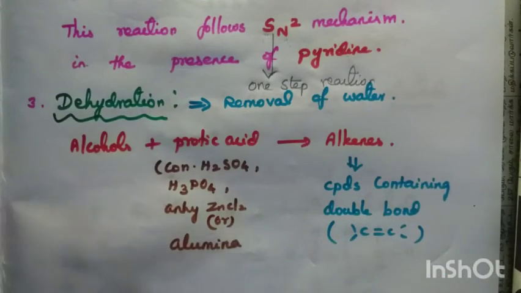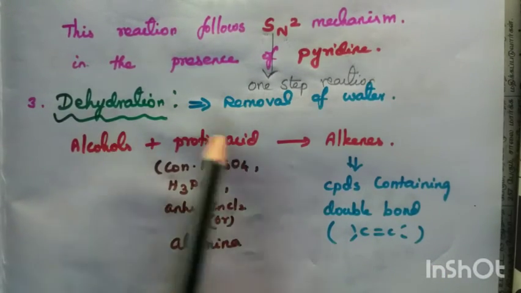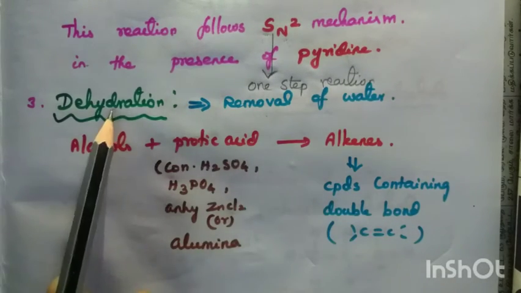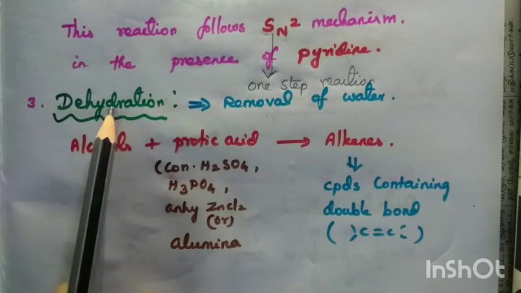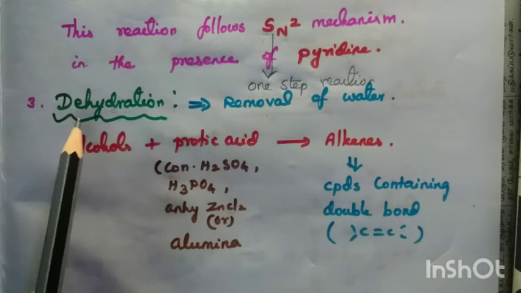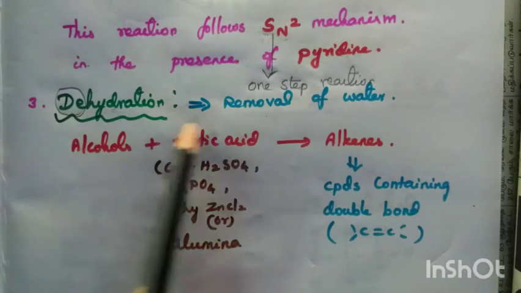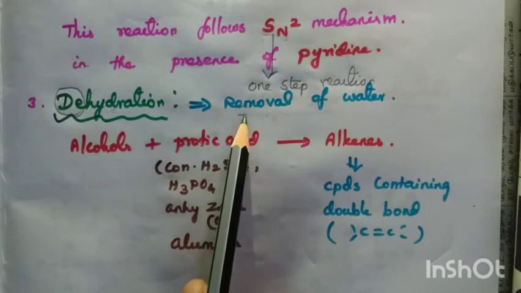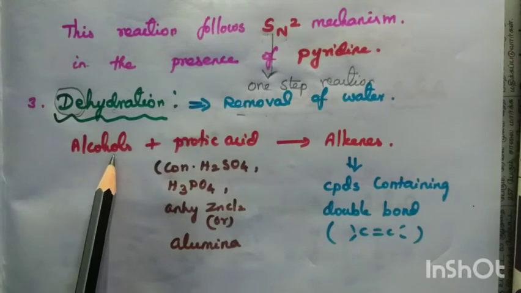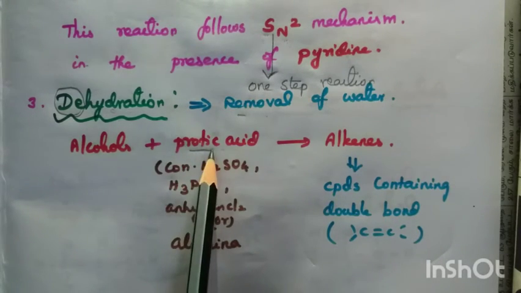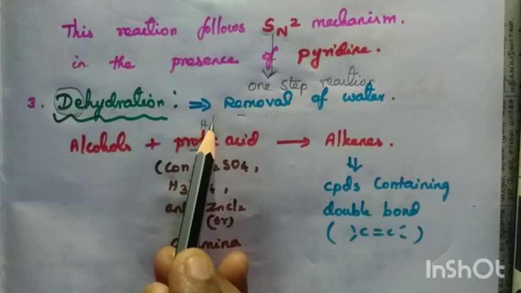Next we are going to see dehydration. Dehydration means removal of water. Hydra means water, D means removal. So removal of water. So alcohol with protic acid. Protic means which contains H plus.